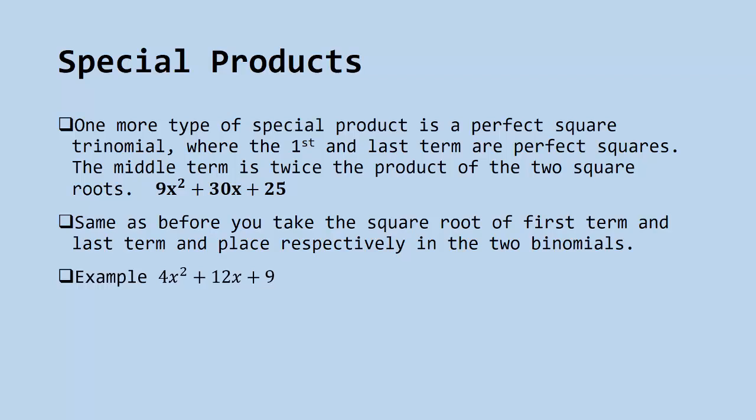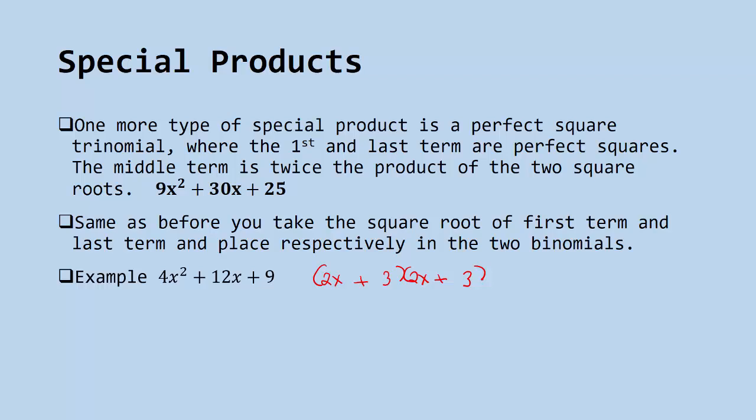I'm going to start with my two parentheses. 4x squared, the square root of that is 2x and 2x. 9, the square root of that is 3 times 3. The middle term is a plus, so they're both going to need to be a plus.